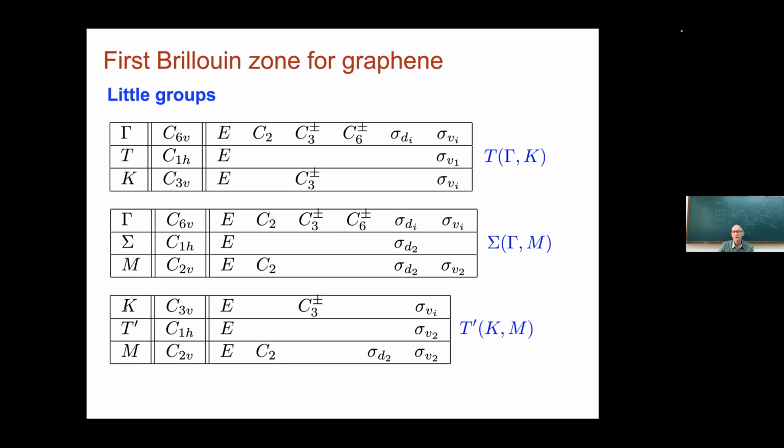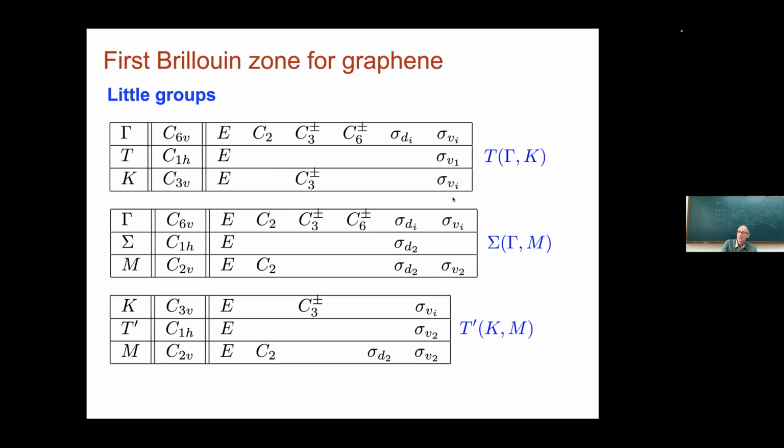Now you can see, and we're going to exploit this a little bit later, that the little group for the line is always a subgroup of the little groups for the endpoints of the line. You see, these 2 elements are contained in this, and they are also contained here. And this is a general rule.